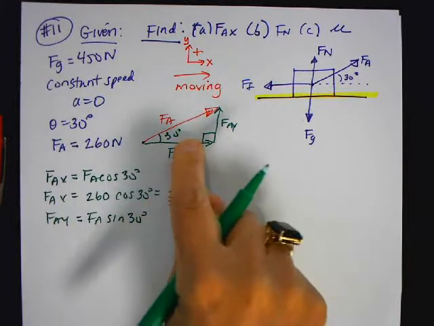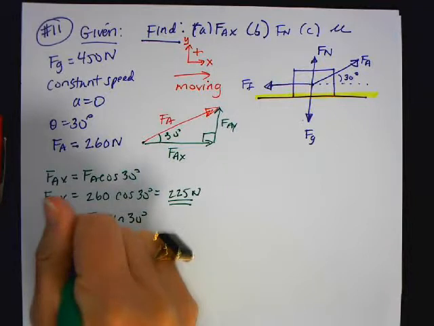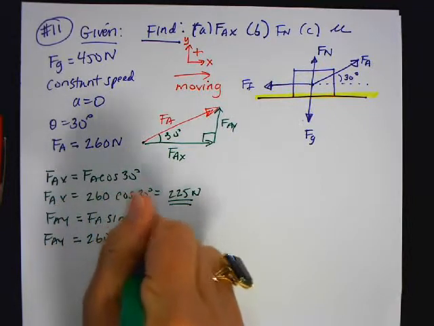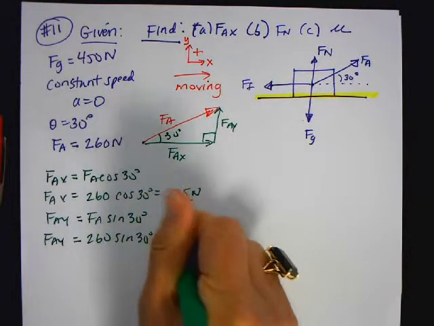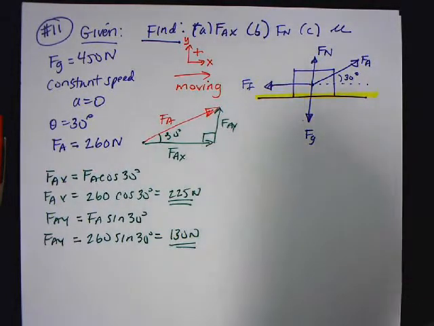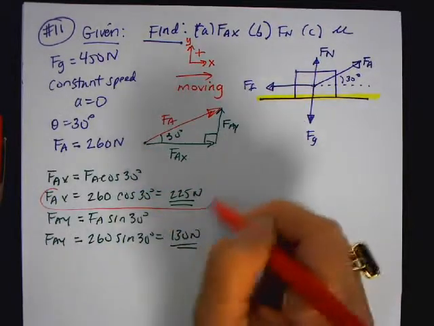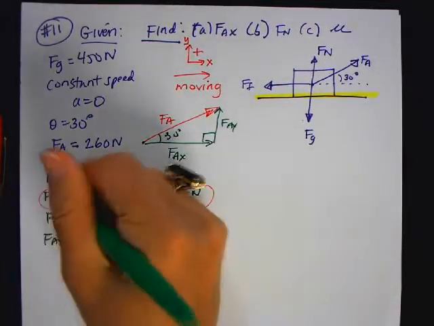Why is it sine? Because it's opposite the given angle. So FAY is equal to 260 times the sine of 30 degrees, which is equal to 130 newtons. So the answer to part A, what's FAX, is right here. So I already did part A.